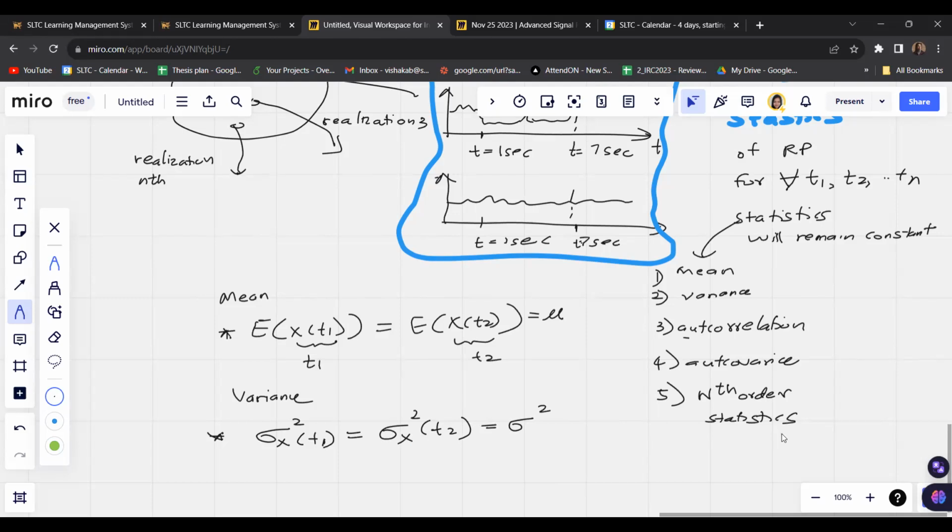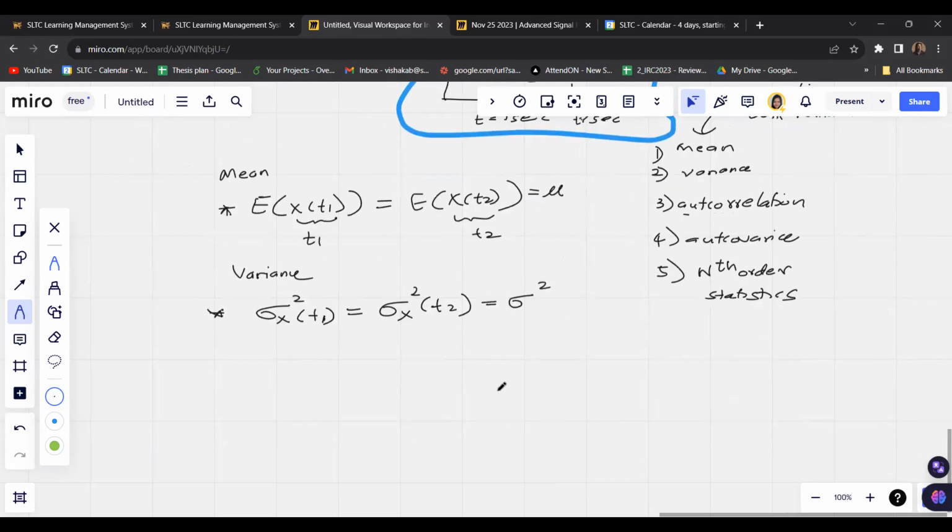Then when we take autocorrelation, autocorrelation is also constant over time. However, it doesn't mean that it doesn't vary with any kind of time value.